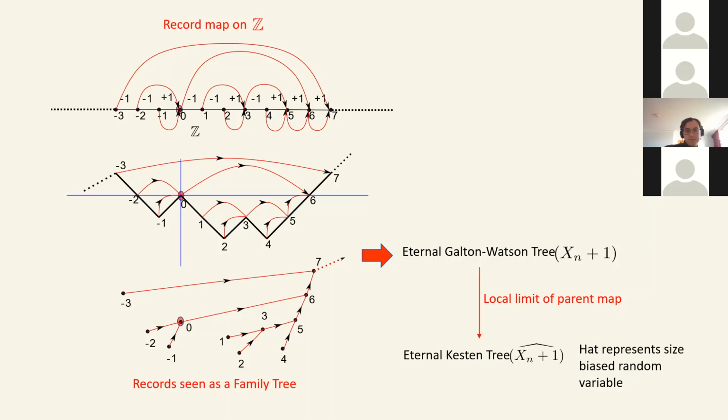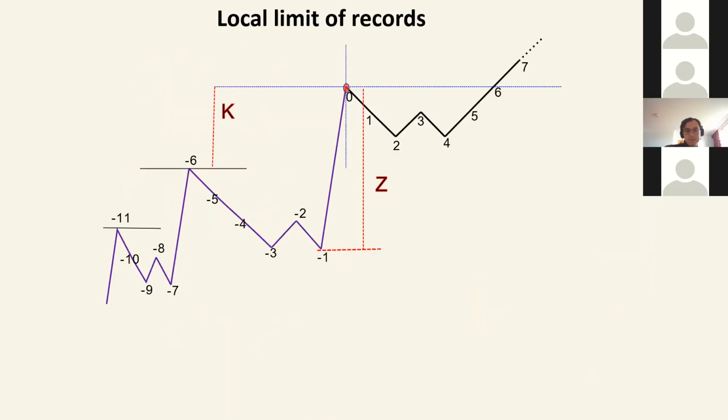And using this, you could see what happens in the limit of applying these records. This is a picture. In forward time, you just see the random walk. In the past, you have a random variable Z, distributed as the size-biased distribution.